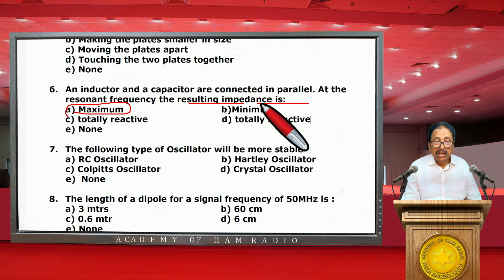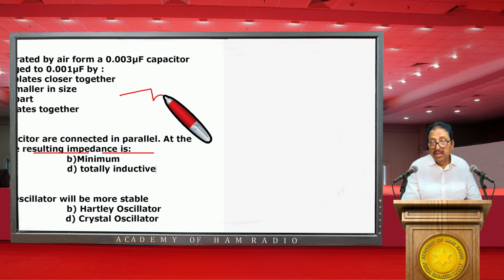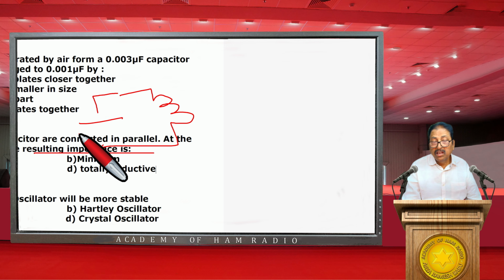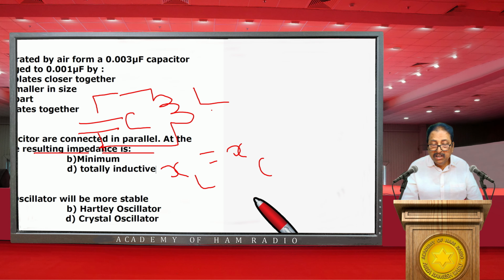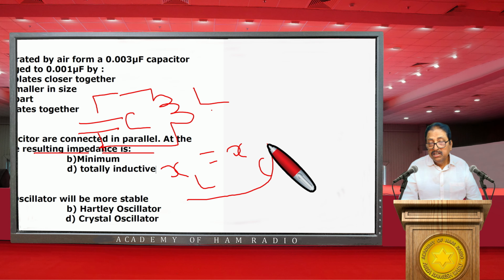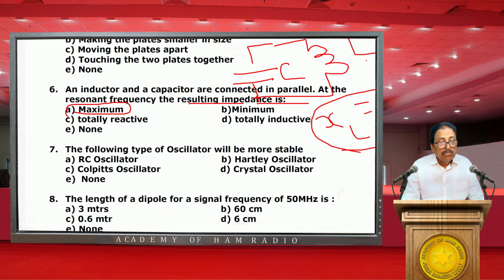When inductor L and capacitor C are connected in parallel, the reactances are equal, that is inductive reactance XL is equal to XC, and they cancel. The resulting impedance will be maximum.